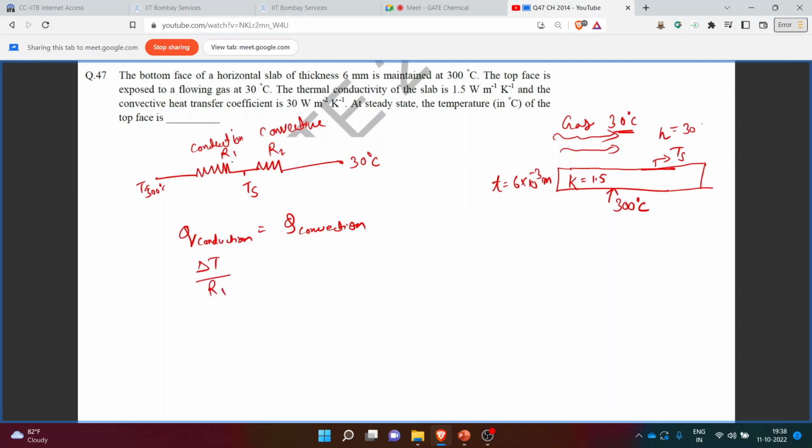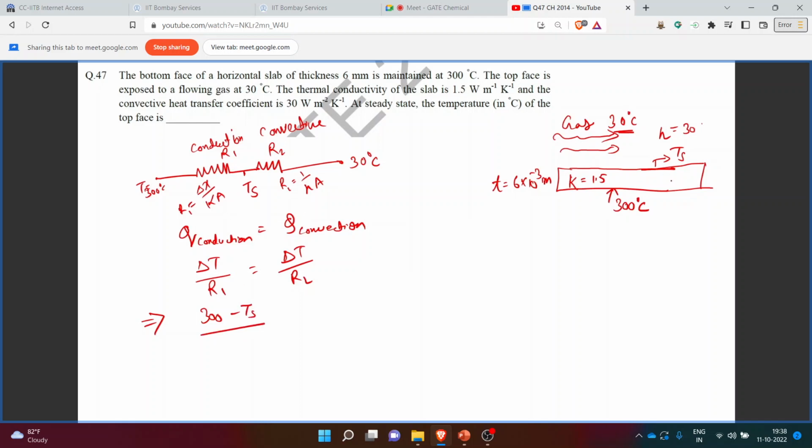Q of conduction will be delta T upon R1. R1 is the resistance, so for conduction it will be delta X upon Ka, and for convection R2 will be 1 upon Ha. For conduction the temperature difference will be 300 minus Ts upon delta X upon Ka.